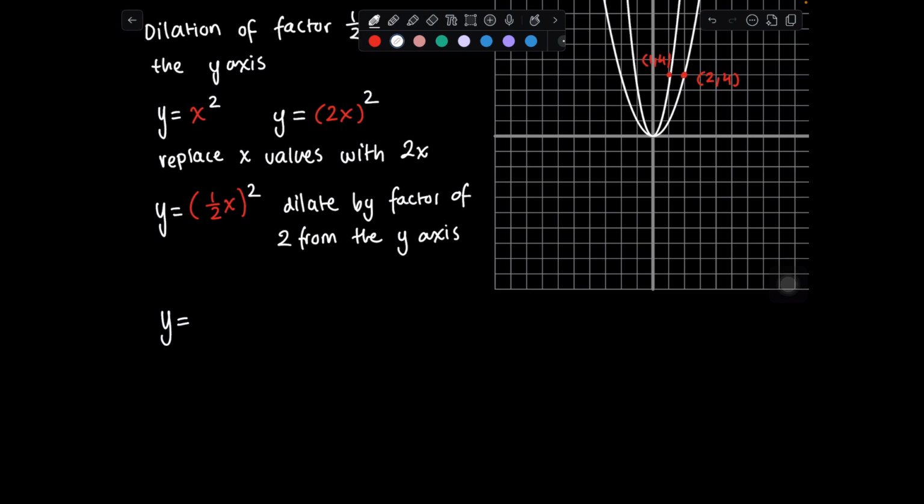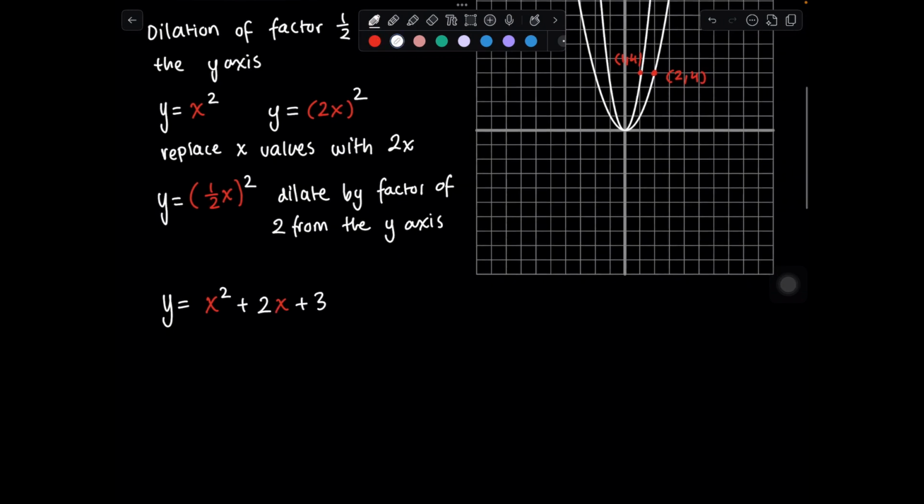So imagine I had a graph like this. And I want to dilate this by a factor of a third from the y-axis.